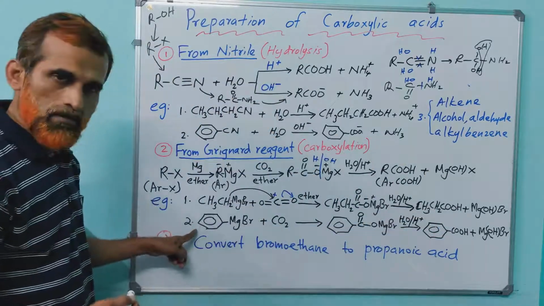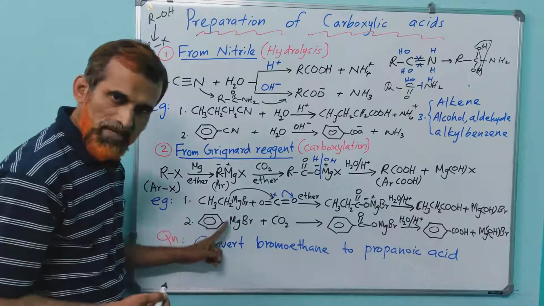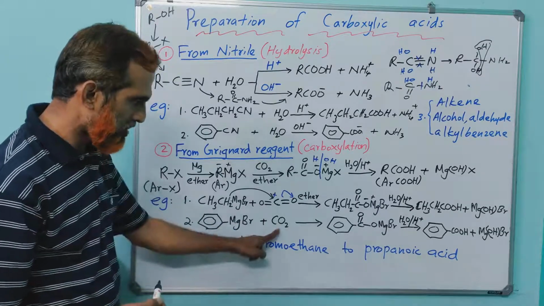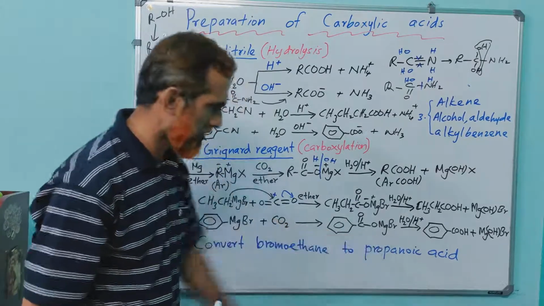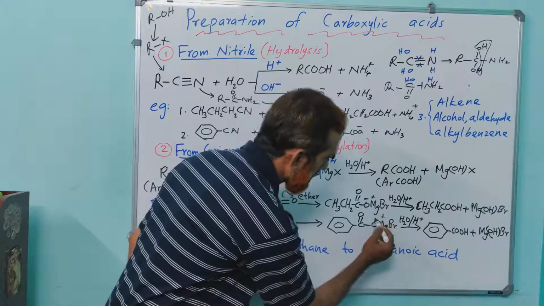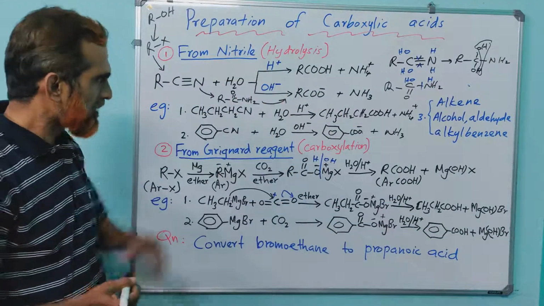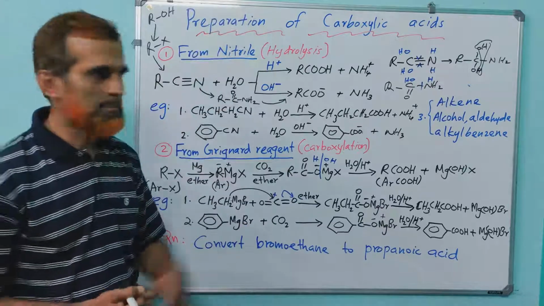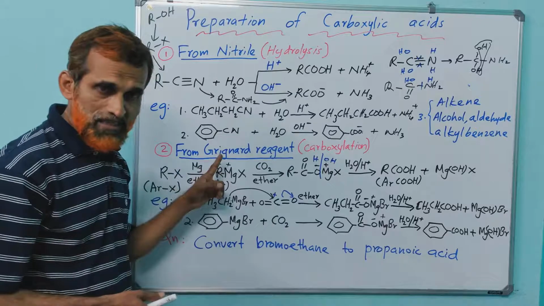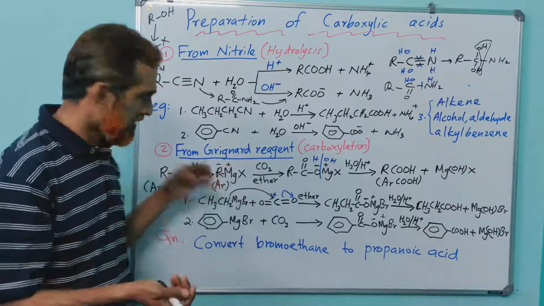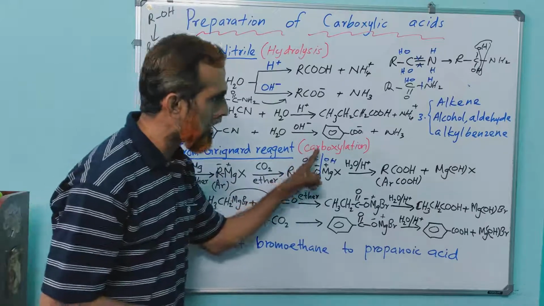The next one, this is phenyl magnesium bromide plus CO2 in presence of ether, giving this intermediate. This is plus and minus, and hydrolyzed to get benzoic acid and byproduct. So both of these reactions, the nitrile synthesis by hydrolysis and Grignard synthesis starting from Grignard reagent, the reaction is known as carboxylation.